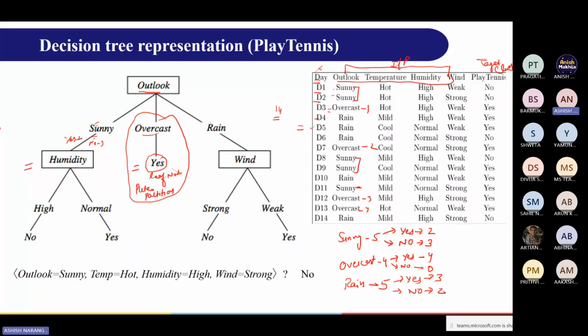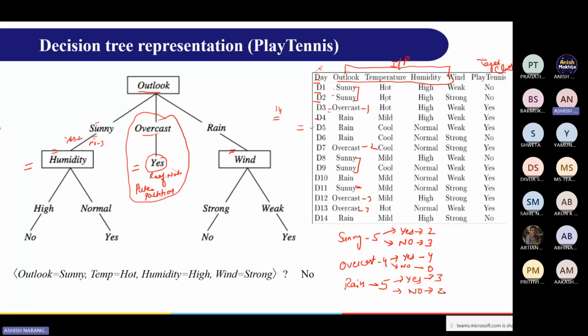While at these intermediate nodes, I have impure partitions: 2, 3, 3, 2. Now, after outlook, I am testing humidity. This is sunny, for those 5 records.